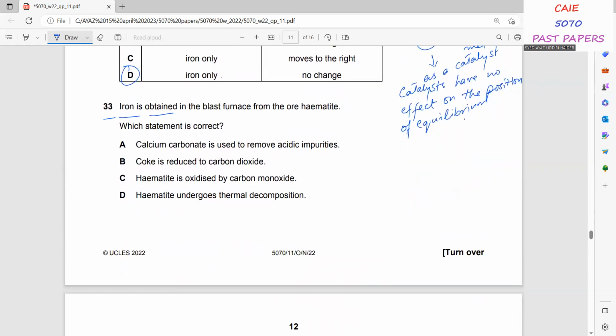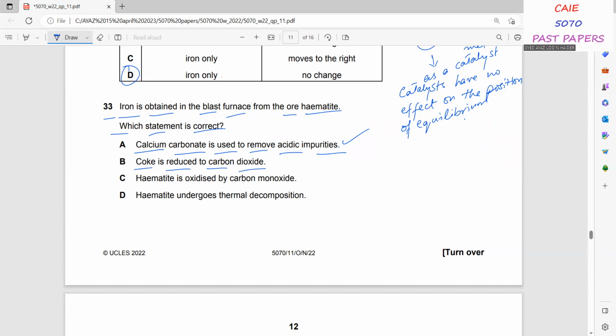33. Iron is obtained in the blast furnace from the ore hematite. Which statement is correct? A. Calcium carbonate is used to remove acidic impurities. This statement is correct because calcium carbonate is used to remove acidic impurities. B. Coke is reduced to carbon dioxide. This statement is wrong.